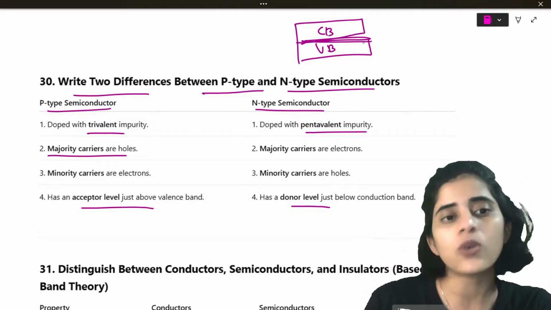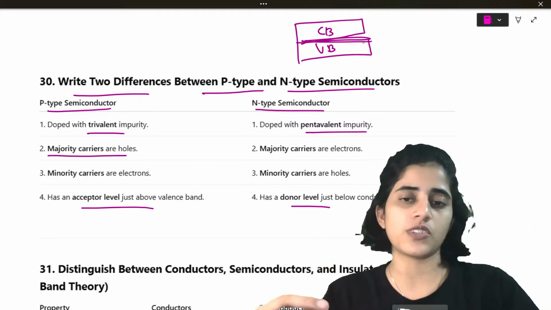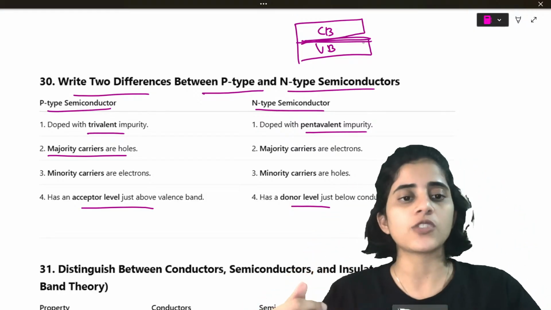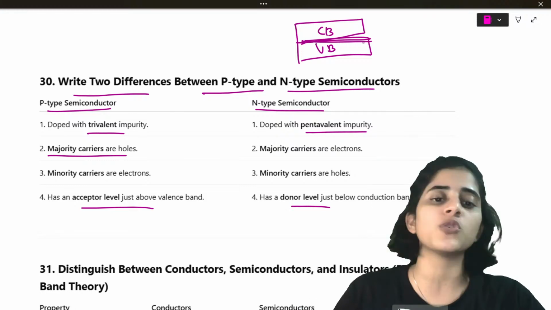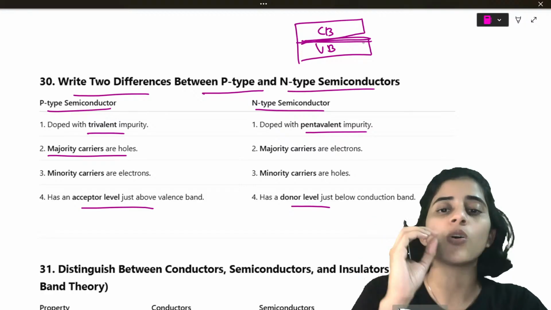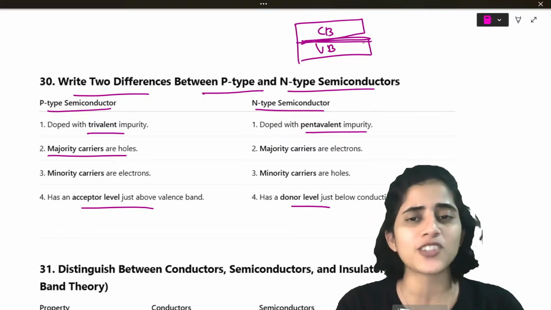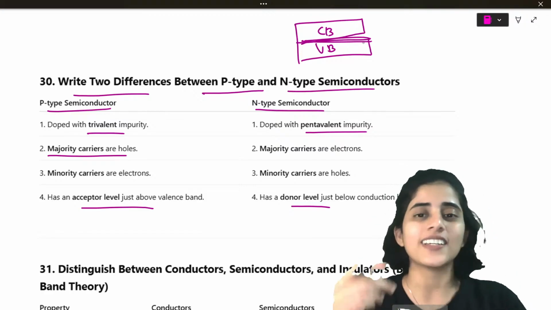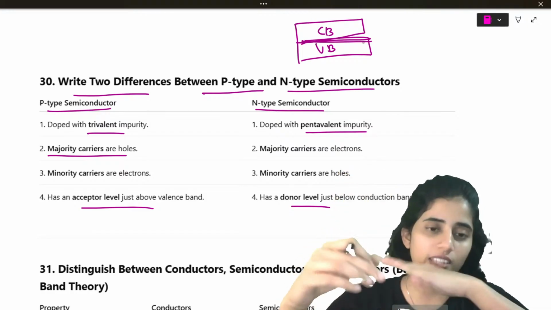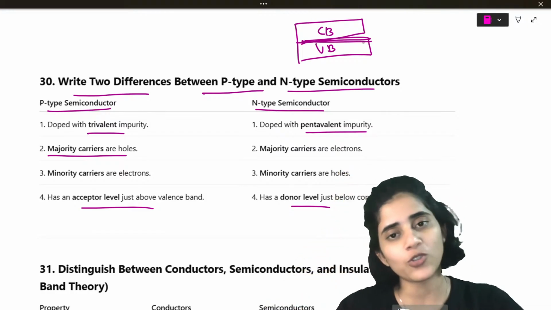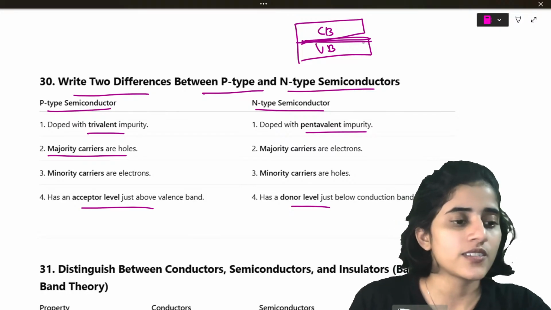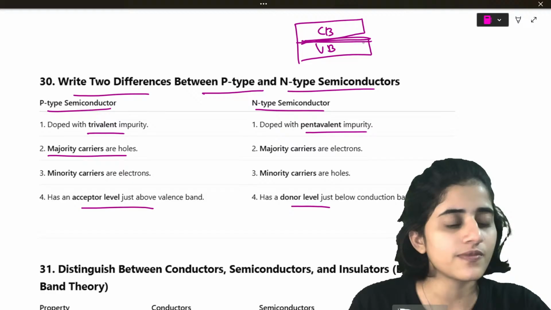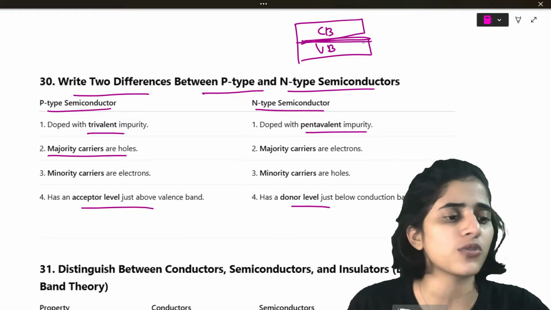For electrons to move, you need holes. So when these electrons move, there are holes at the acceptor level. That's all that you need to know there.